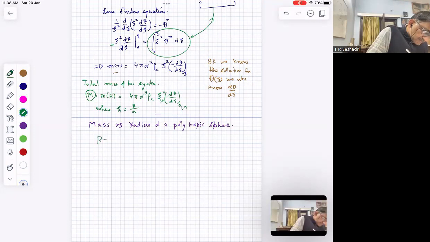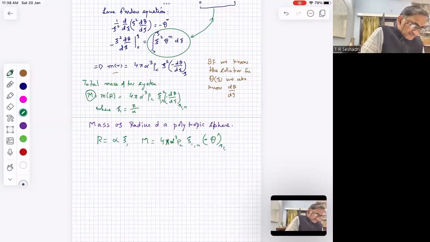And so here, let me just summarize. I have R is equal to alpha xi1 and I have M is equal to 4 pi alpha cube rho c xi1 n, let me just call it minus theta prime at xi1 n, where theta prime equals d theta by d xi.